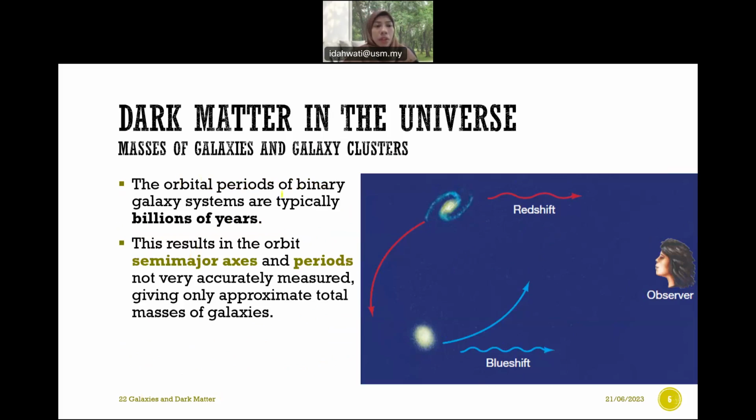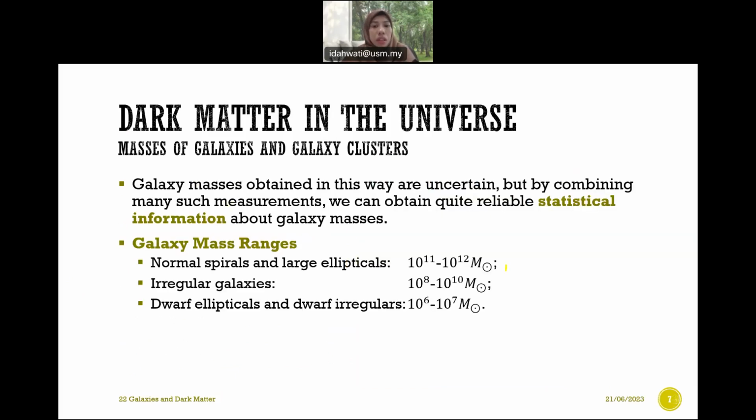The orbital periods of binary galaxy systems are typically billions of years, and this results in the orbit semi-major axis and period. So we can obtain quite reliable statistical information about galaxy mass, and the galaxy mass ranges for normal spiral and large irregular galaxies, and for dwarf elliptical and dwarf irregular galaxies.